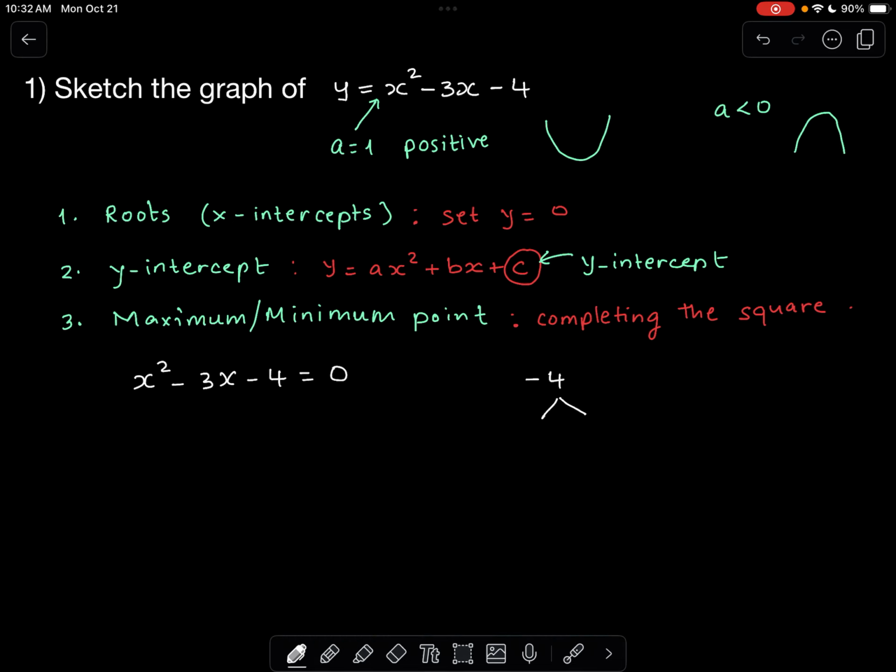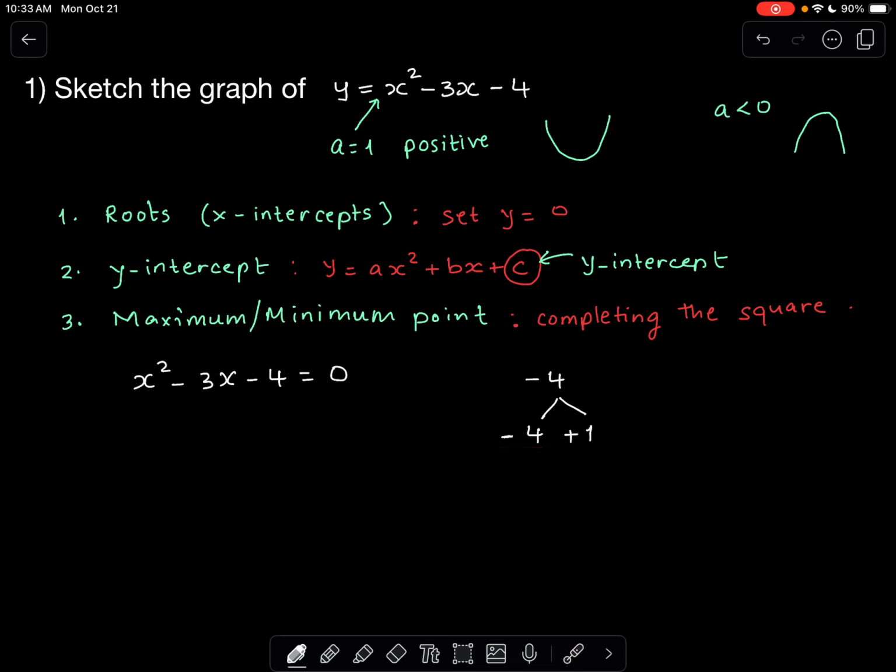Obviously 2 times 2 is 4, but they do not add up. These two factors will not add up to negative 4, or negative 3, sorry. So we're going to choose 4 times 1, negative 4 and positive 1. The reason being, if you look at the middle term, it is negative 3. So the bigger number should be negative and the smaller one should be positive.